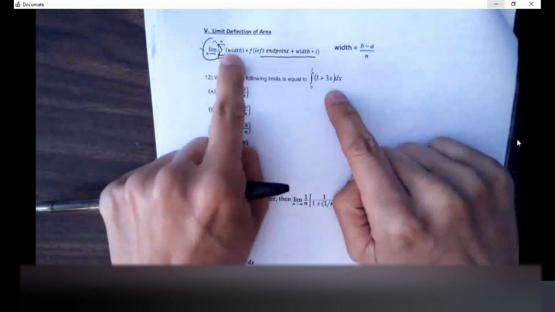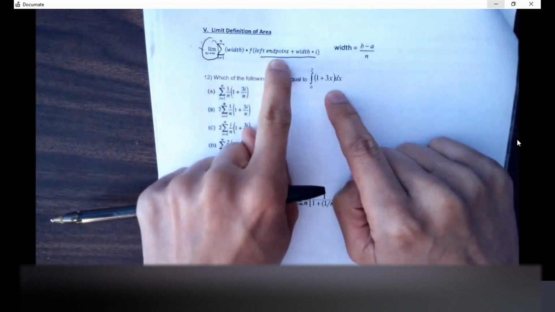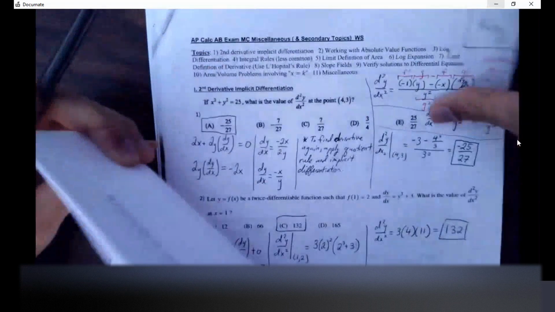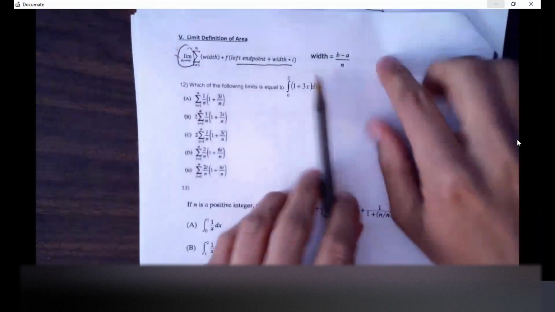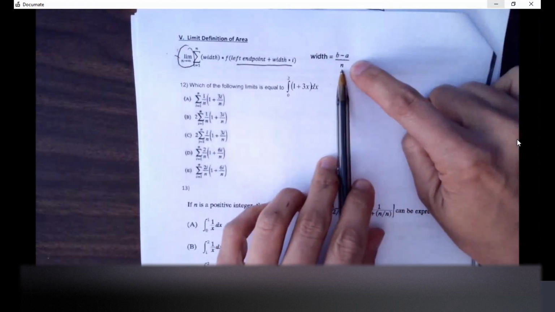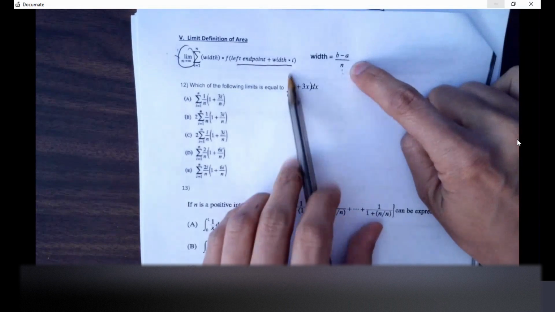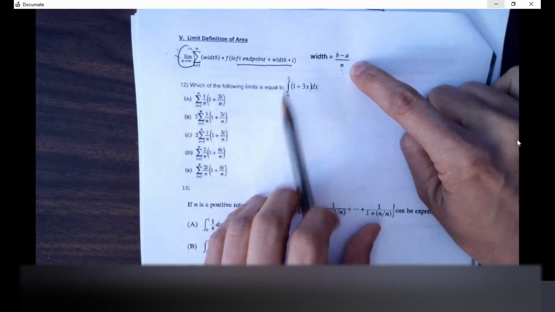This formula will give us the width component and the height component, and it's going to merge all that together, so we don't even have to do as many calculations. We're just going to follow everything that the formula says. The formula says there's the a and the b and the n value. Our a and b values are our left and right endpoints.